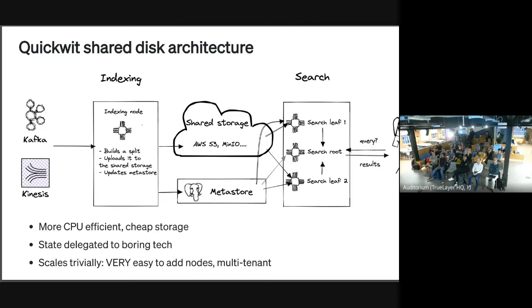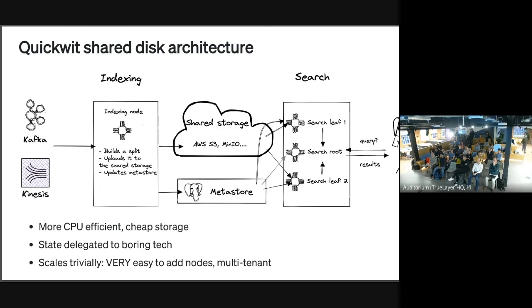And then on the search part, when a user query comes in, you have the same mechanism as for the shared nothing architecture. You have the root node that will then distribute the query on the leaves, and each leaf here will have no data on the disk, and it will need to fetch the data from the shared storage.